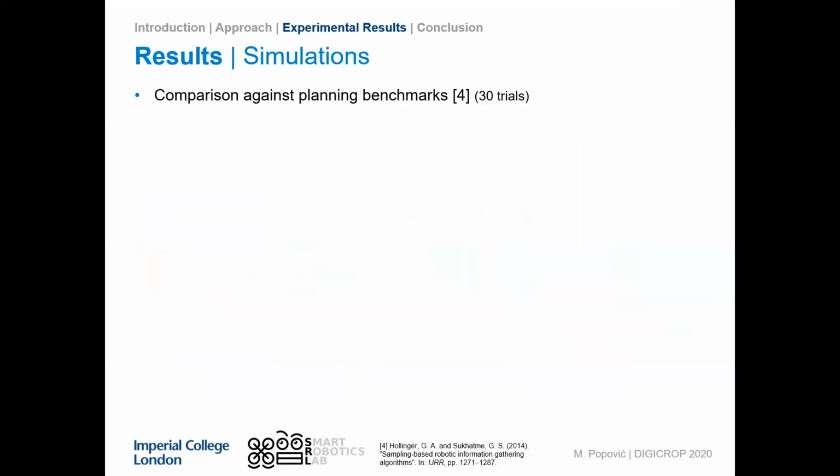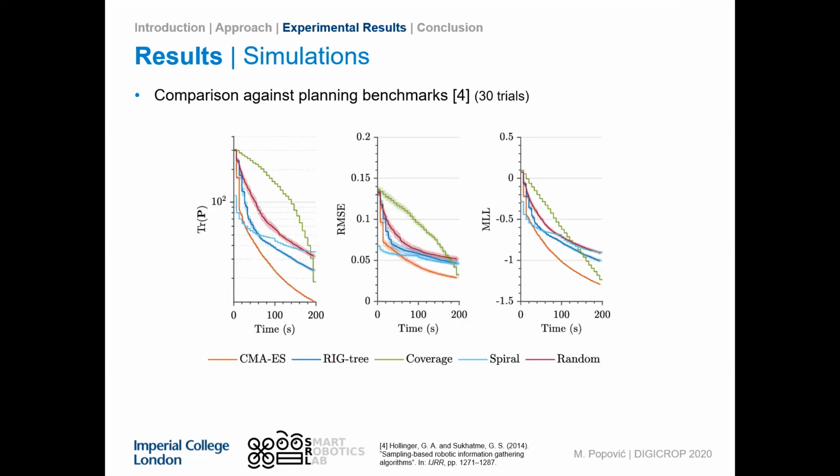Moving on to the results, our framework was evaluated extensively in simulation. With the robot starting in an unknown environment, we compared our approach against the rapidly exploring information gathering tree, a state-of-the-art informative planner, a lawnmower coverage pattern, a spiral coverage pattern, and random motion.